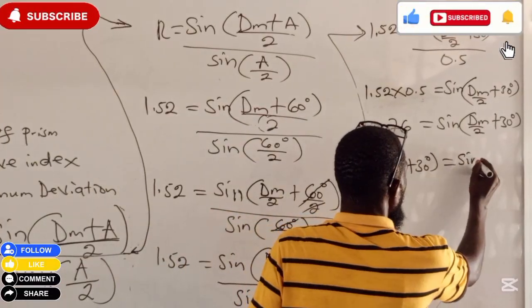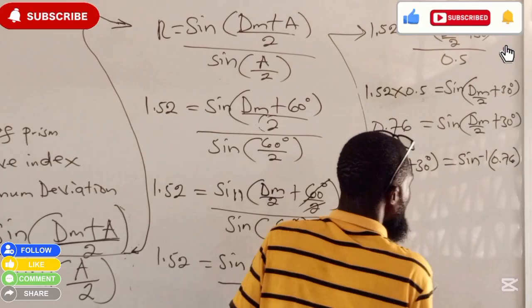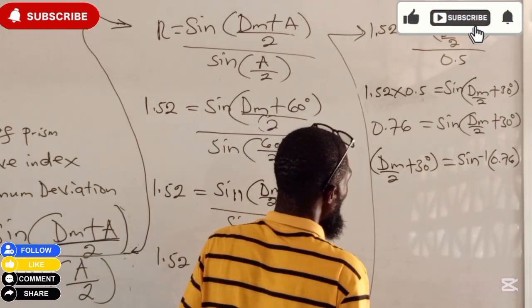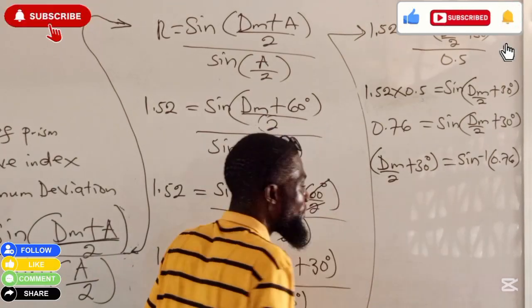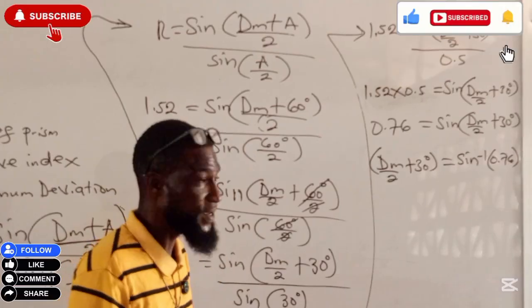So we say sin inverse, parenthesis open, 0.76, parenthesis closes, just to get our answer. So ladies and gentlemen, we'll be taking this out of the parenthesis to solve our problem.